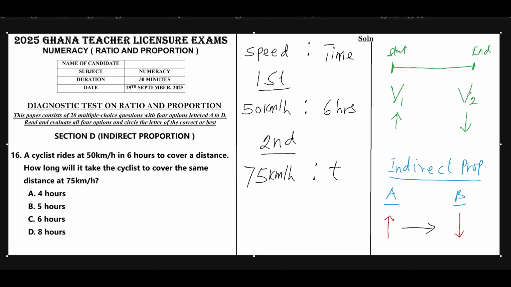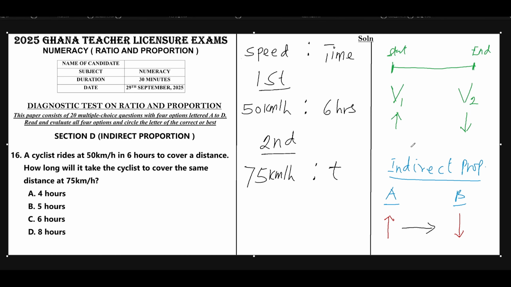On the other hand, let's say vehicle 2 is moving at a lower speed. Because it is moving at a lower speed, it will take vehicle 2 more time to get to its destination. So you will see that as the speed of the vehicle increases, the time decreases. On the other hand, as the speed of a vehicle decreases, its time increases. So this is a clear example of an indirect proportion.